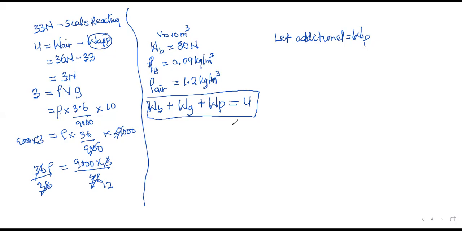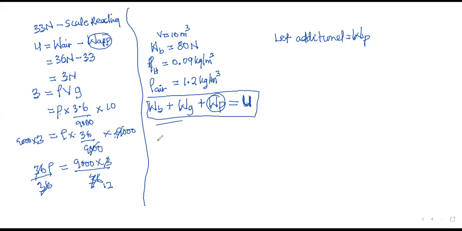So determine the weight of the balloon itself, and that is given as 80. And determine the weight of the hydrogen gas, and WP is what we are looking for. When you finish, you calculate the upthrust that will be produced by the surrounding air. Then you subtract this sum from the upthrust, and you are good to go.